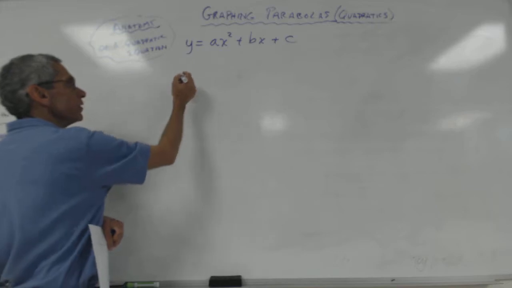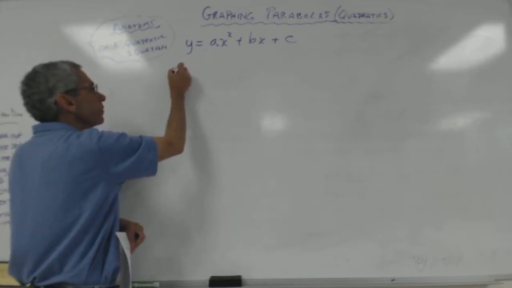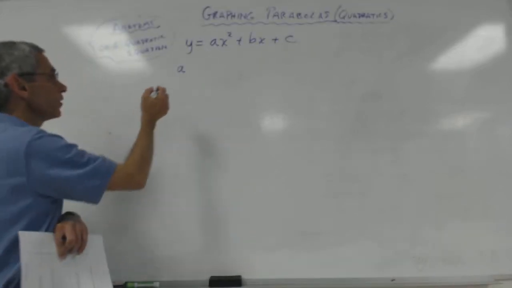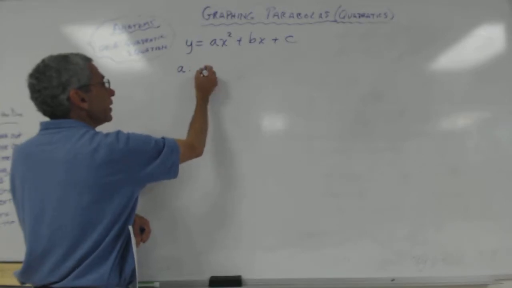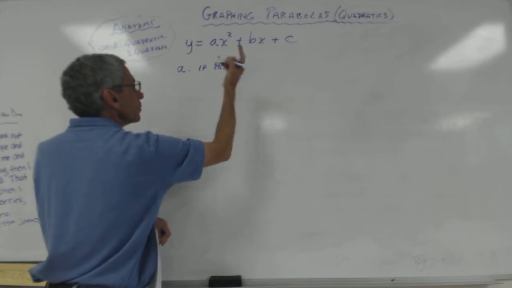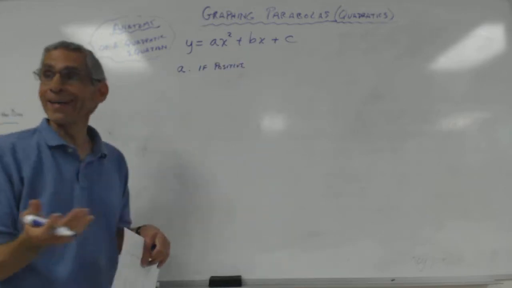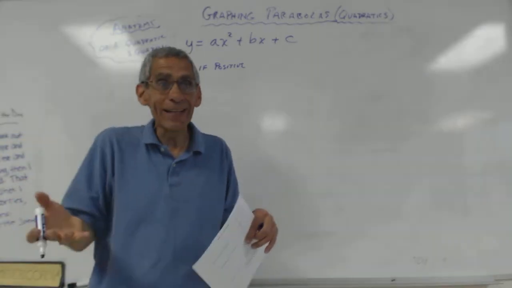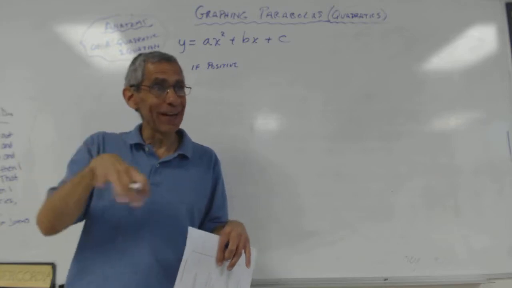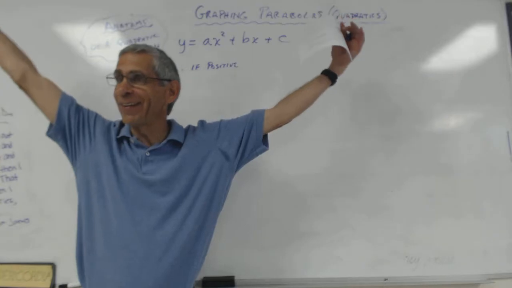So let's talk about different things. First of all, the A. The A tells you a couple things. If A is positive, it's so happy because it's thinking happy, wonderful thoughts, and that happy, smiley feeling makes your graph happy and smiley.